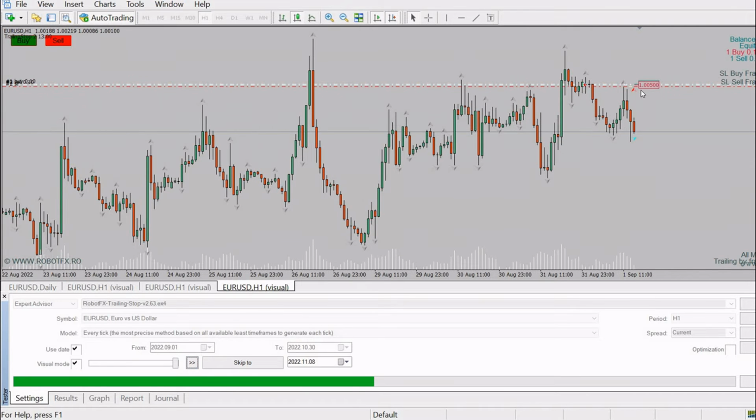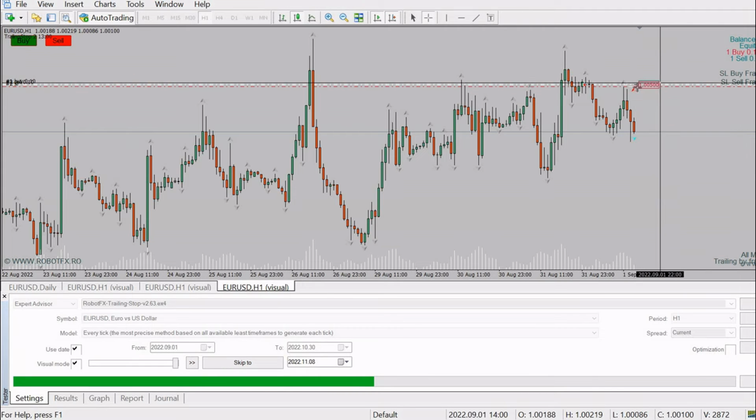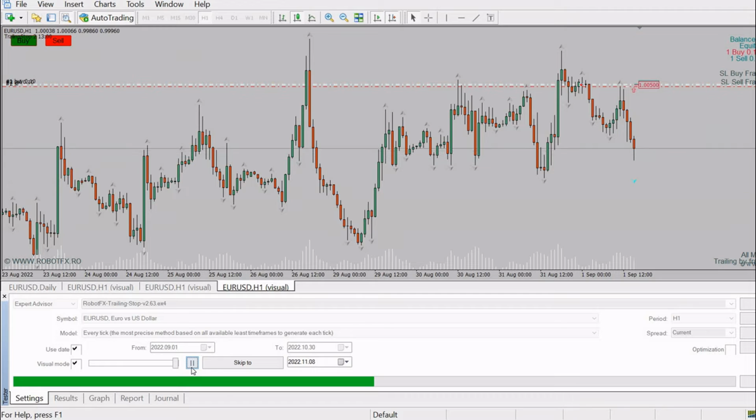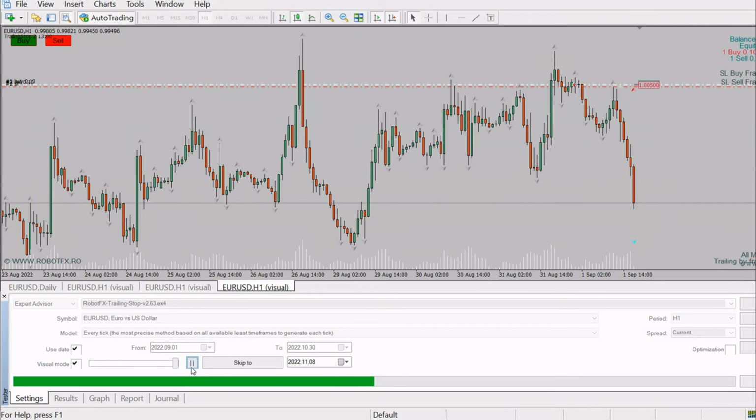And there it is. As soon as the fractal indicator arrow moved in our favor, the expert advisor placed the stop loss where the arrow is, plus the buffer that remained at 1 point.